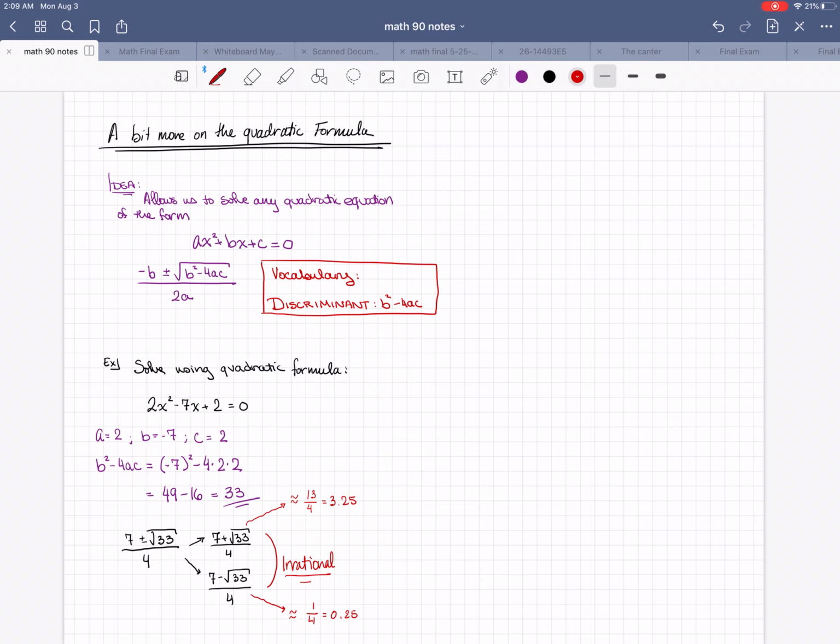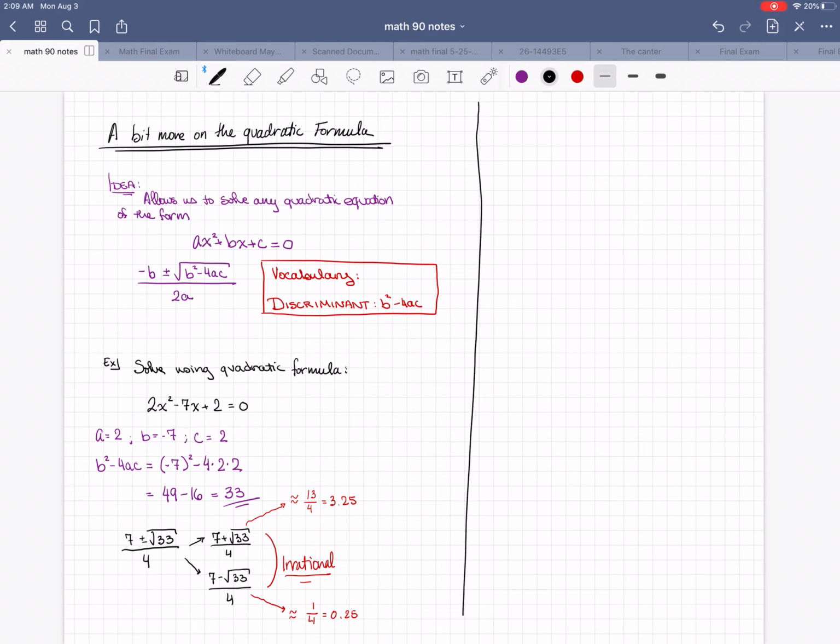So without a calculator, without doing anything super sophisticated, we see that this equation has two solutions. One is in the neighborhood of 3, and the other one is in the neighborhood of a quarter. So two positive solutions that we kind of know what they are. I find that to be comforting, personally, the ability to have a sense of what the number is without using a calculator.